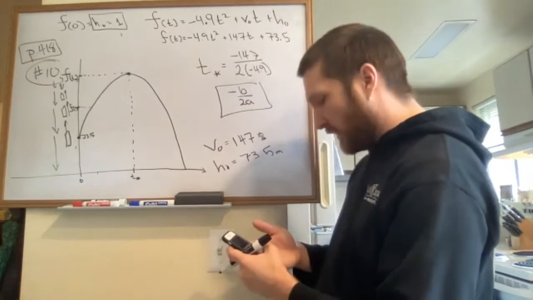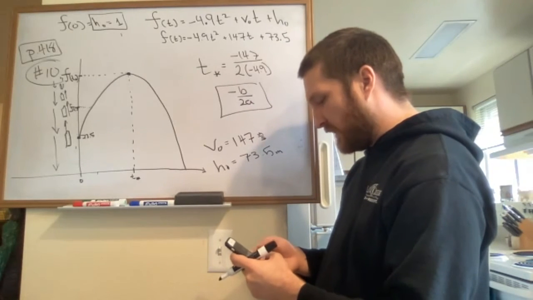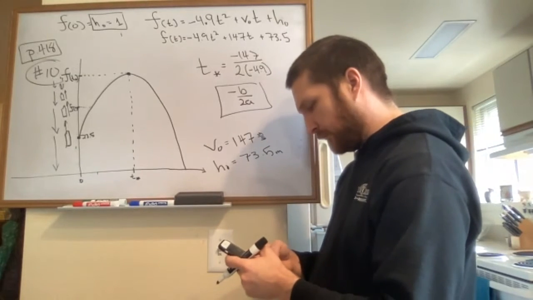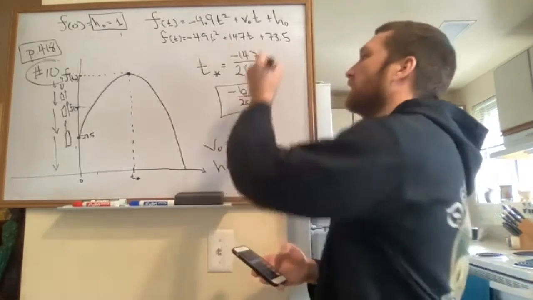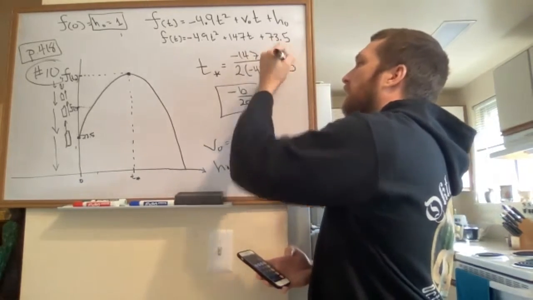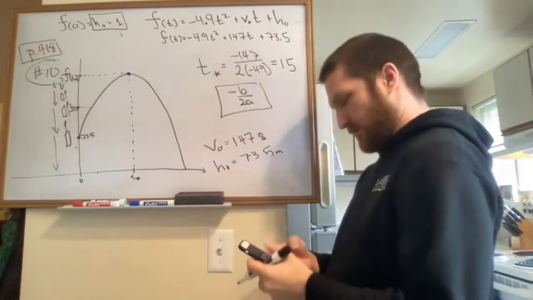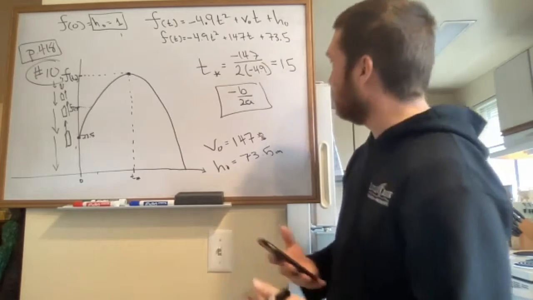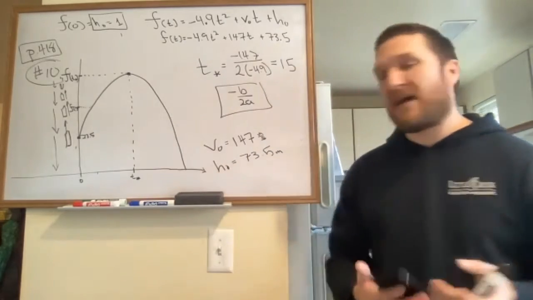I'm going to say, okay, 147 divided by 2 divided by 4.9. Oh, look at that. I think I get a 15. Let's make sure. 147 divided by 9.8. There we go. Okay, so that's actually not that bad.